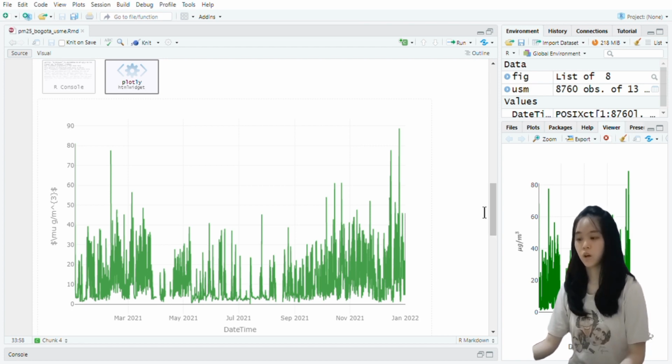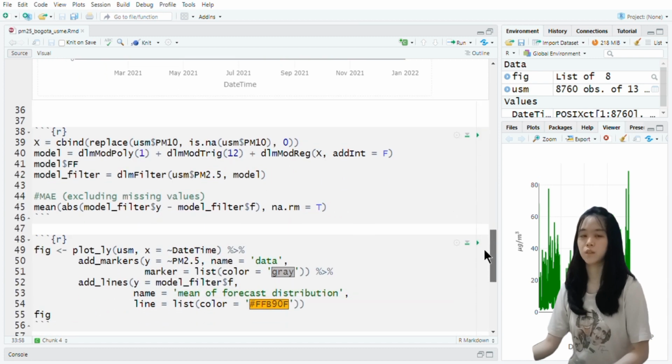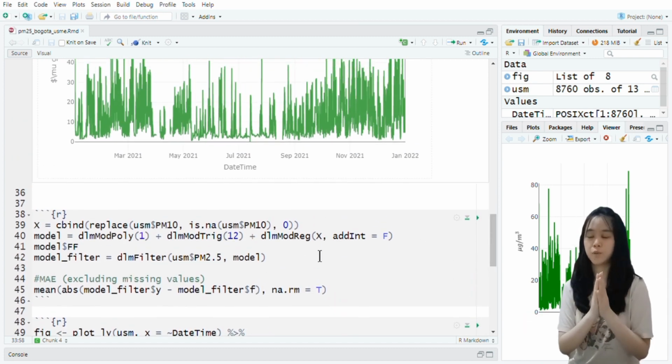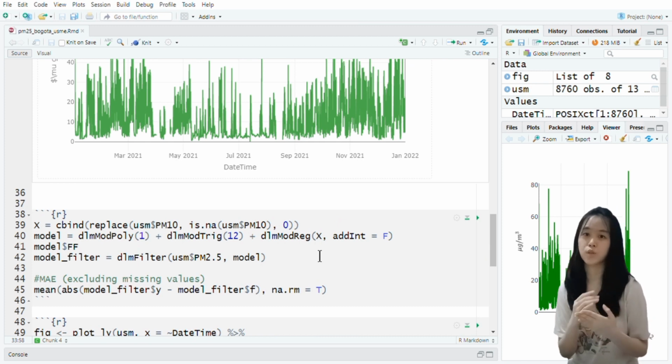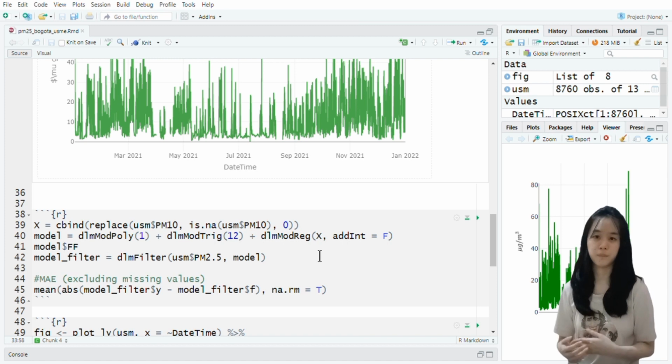Okay, now in dynamic linear model, we have dynamic. It is dynamic because the state vector values, or you can think of it as the coefficient values, and the variances can change over time.